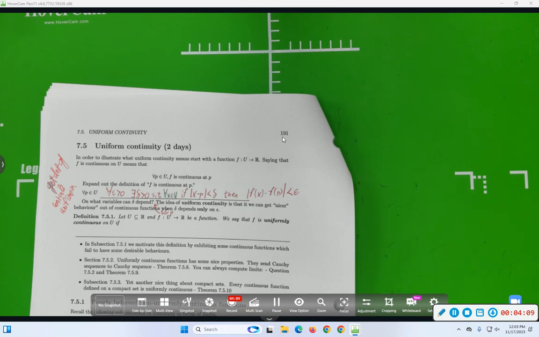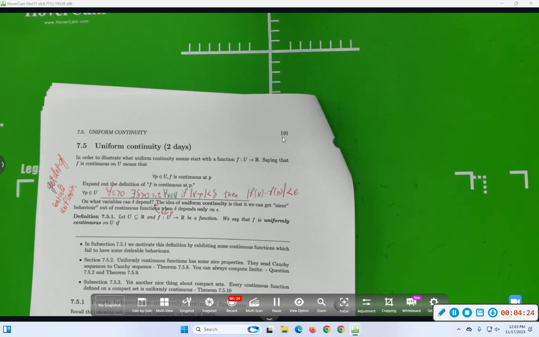Right, that does it. Now, if you were going to try to prove a function is uniformly continuous, you'd consider any epsilon bigger than 0. You would then have to come up with a delta. p and x aren't even declared yet, so you can't have delta depending on those things. Then you'd proceed.